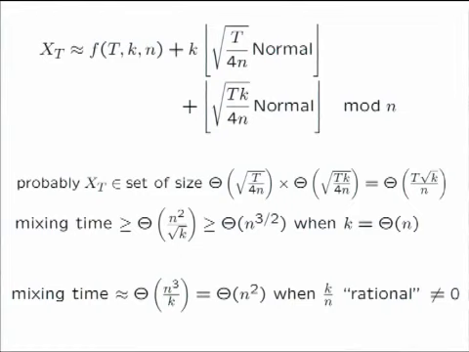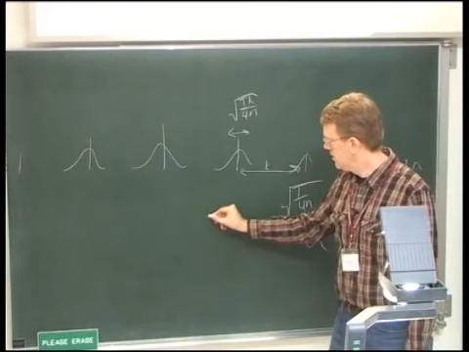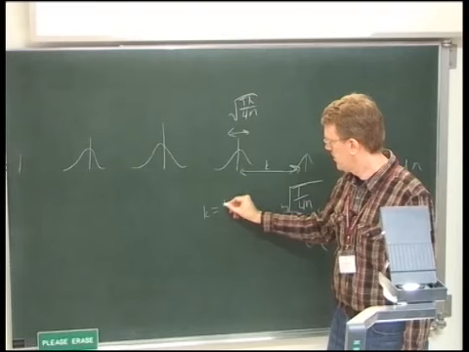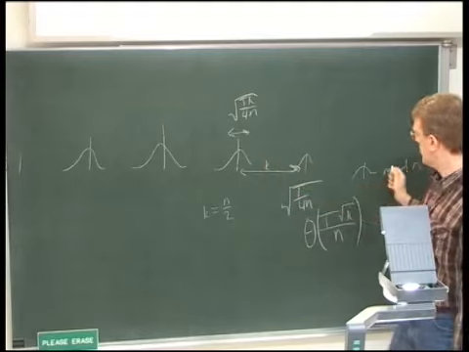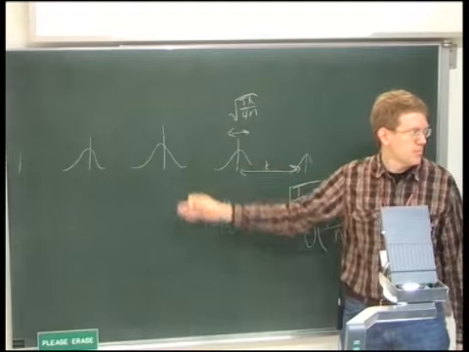Okay, so that implies when k is of order n that you can't have mixed in less than order n to the 3/2 time. And that's for any value of k which is of order n. But if you have k, say k is n over 2, then all these centers, when you take it mod n, they all line up.